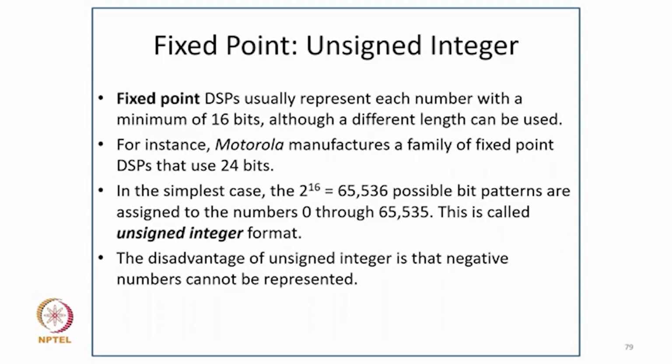For instance, Motorola manufactures a family of fixed point DSPs that use 24 bits. In the simplest case, the 2 to the power 16, or 65,536, possible bit patterns are assigned to the numbers 0 through 65,535. This is called unsigned integer format, and the disadvantage of unsigned integer is that negative numbers cannot be represented.